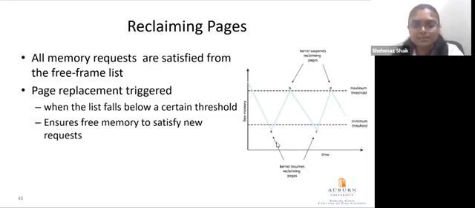So that is one task performed by the operating system.